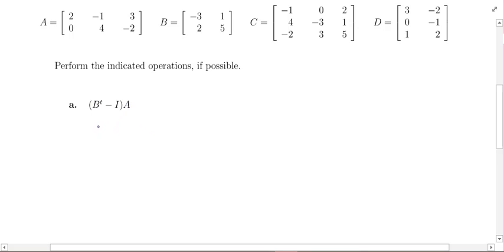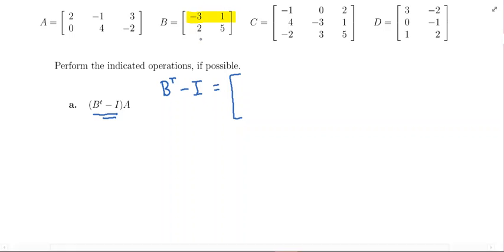According to the order of operations, we need to do what's in parentheses first. So let's do B transpose minus I. Let's look at B, here it is. We're going to do the transpose, so remember how that works. The first row is going to become the first column, and then the second row is going to become the second column.